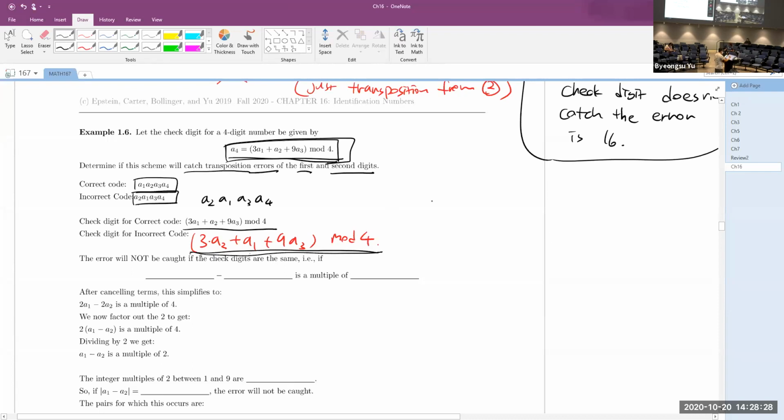And again, we can simplify this one. The error will not be caught if the check digits are the same, that is, if 3A1 plus A2 plus 9A3 minus 3A2 plus A1 plus 9A3 is a multiple of 4, right?